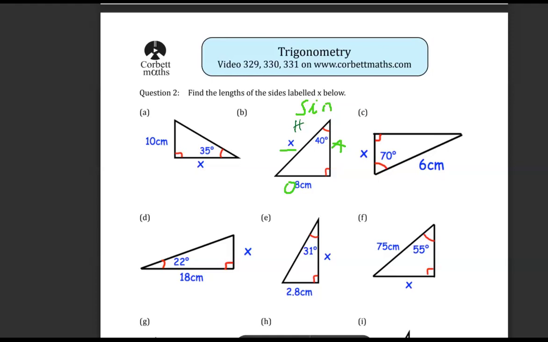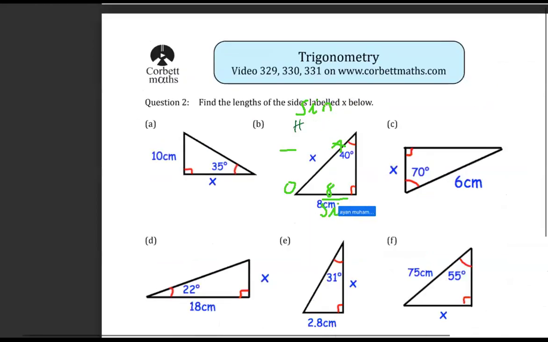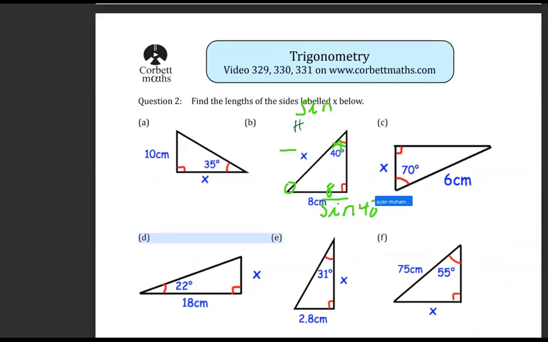So A over sin 40. 12.21. Is that right? 12.21.